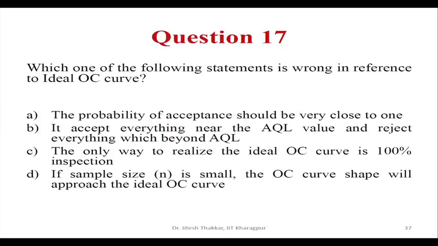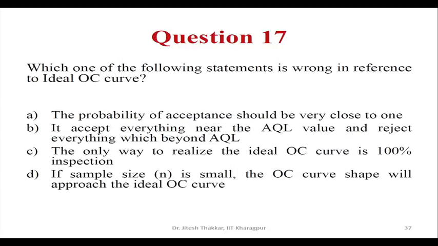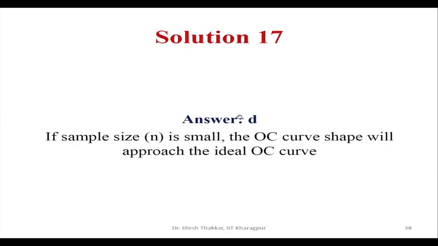And D, if sample size n is small, the OC curve shape will approach the ideal OC curve. You can see the solution, and correct answer is D, that is if sample size n is small, the OC curve shape will approach the ideal OC curve. This sentence is not correct in reference to ideal OC curve.